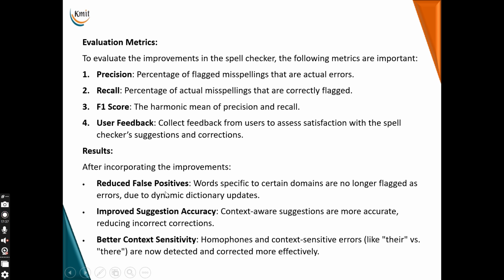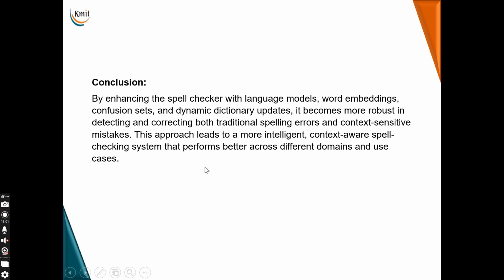It is identified from the research that the number of false positives has reduced, suggestion accuracy has improved, and context sensitivity is also comparatively better when you compare with the baseline spell checkers and other spell checker models. So when you are working with pre-trained language models and machine learning algorithms, the spell checker is giving better performance than the previous baseline model. Thank you.